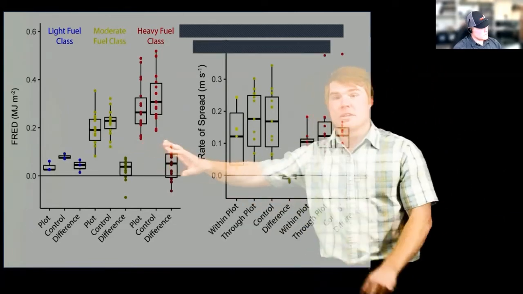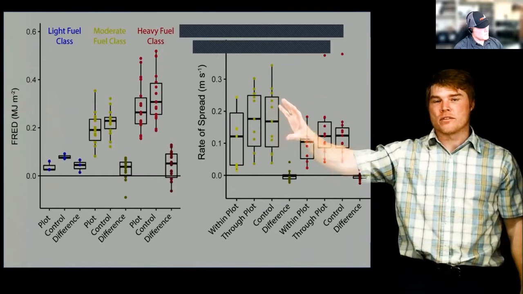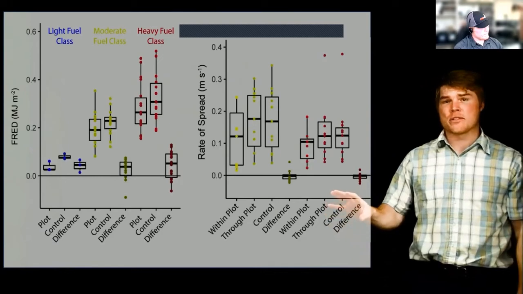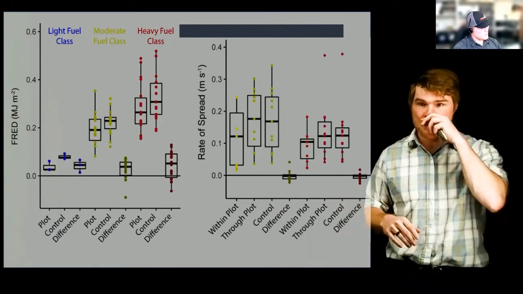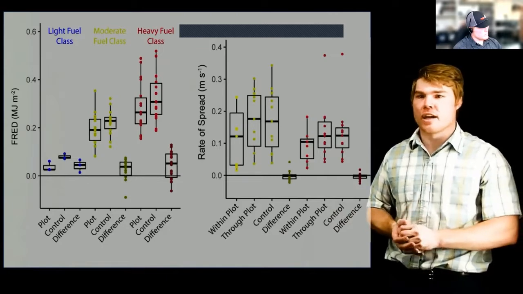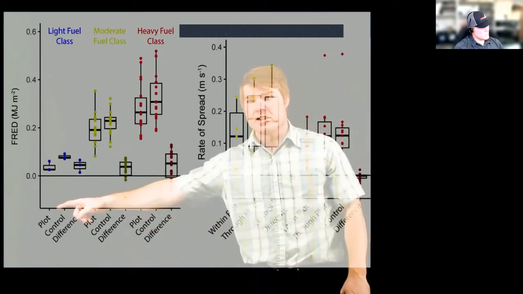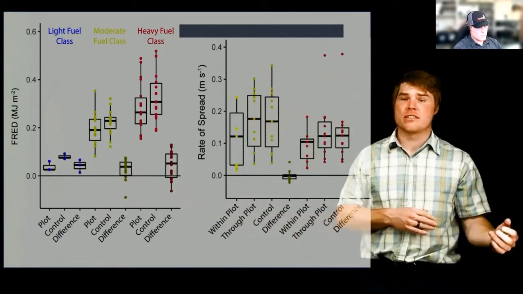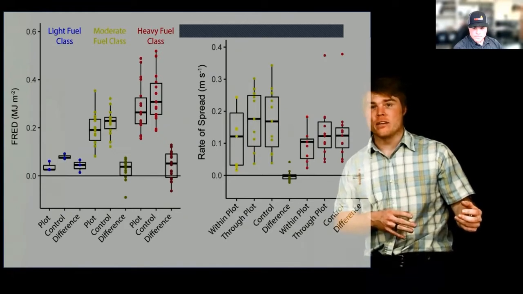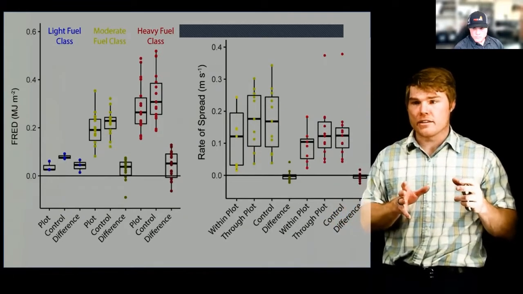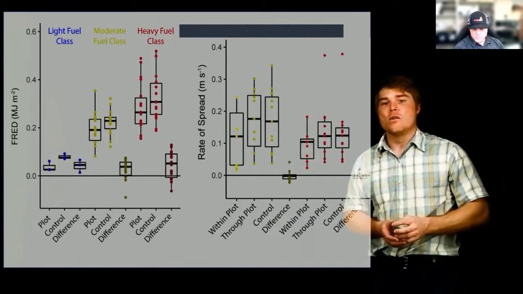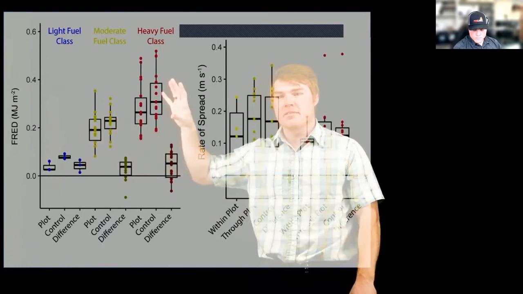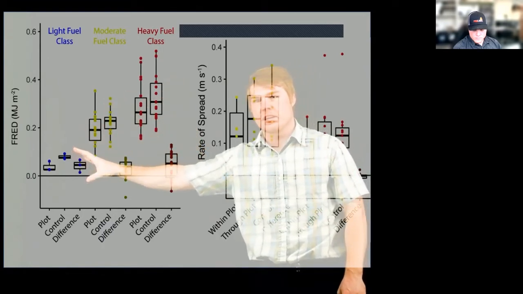Energy-wise, I forgot to mention, the yellow is moderate fuel class, red is heavy fuel class. We didn't look at rate of spread in the light because the fire actually stopped in 2 of the 3 plots in the light fuel class. But looking at just energy within the plot versus control, on average we get a 15% increase in the control, total radiative output, versus the plot. There are known expected differences between light, moderate, and heavy.